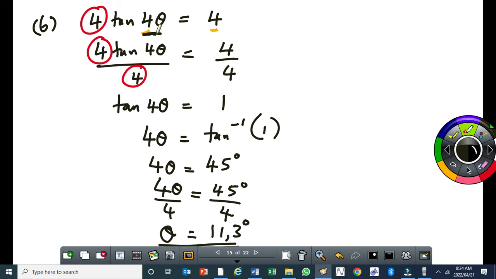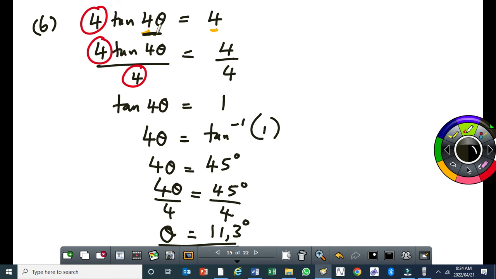In this case, we have got theta, and don't divide by the coefficient of x or y when you still have tan, sine, or cos on the left. You can only divide by the coefficient of theta if the tan or the sine or the cos is now on the what? Right hand side. Are you following that?